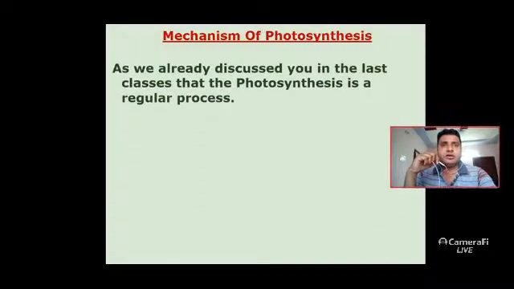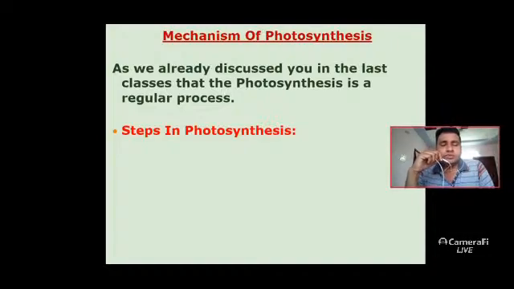Before I explain this mechanism, I am going to explain that photosynthesis is a regular and continuous process in life. Because it is a continuous process, it occurs in 2 steps or 3 steps or several steps in that mechanism.